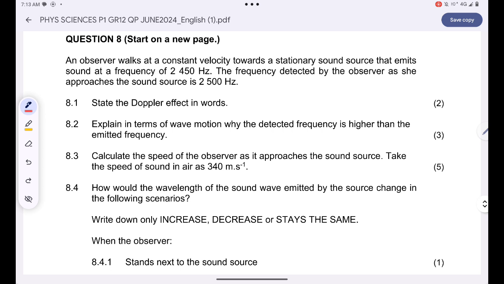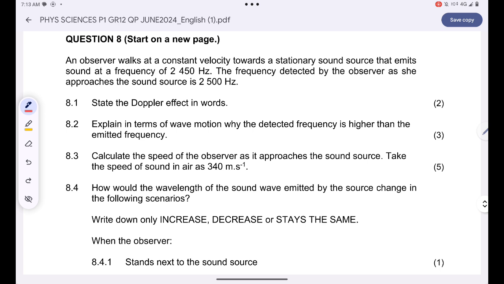Okay. An observer walks at a constant velocity towards a stationary sound source that emits sound at a frequency of 2450 Hz. The frequency detected by the observer as she approaches the sound source is 2500 Hz.